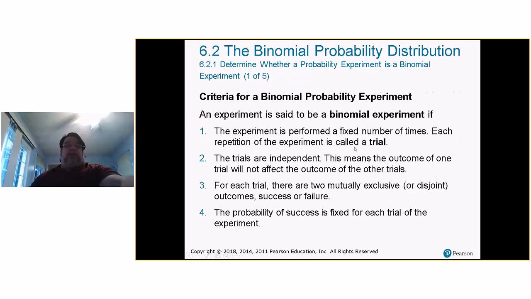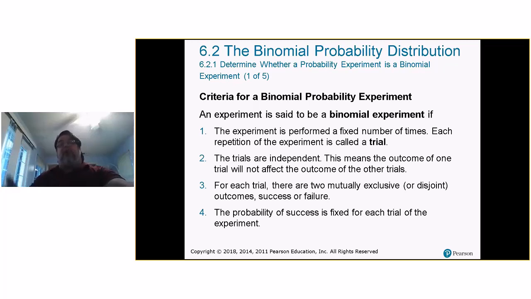And I think the next thing we're going to go over is a binomial experiment. A binomial experiment is when you have a fixed number of trials, meaning I flipped a coin 15 times, or I counted 10 households on a survey. I've got a fixed number of trials. That's one test. The trials are independent. The first one does not affect the second one.